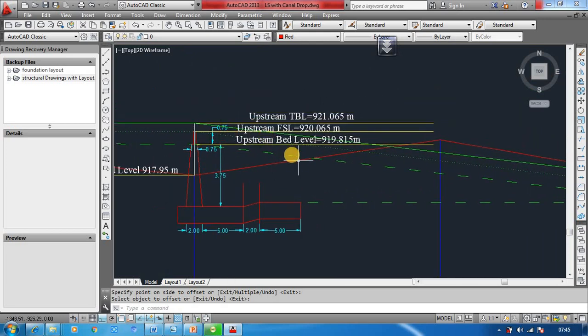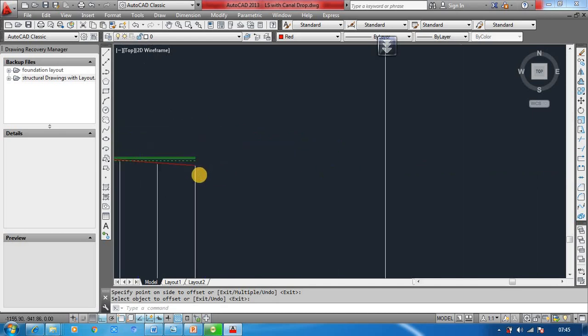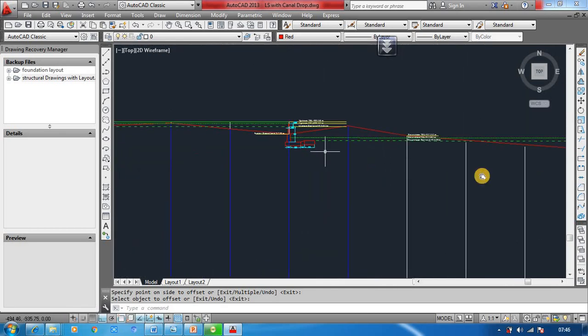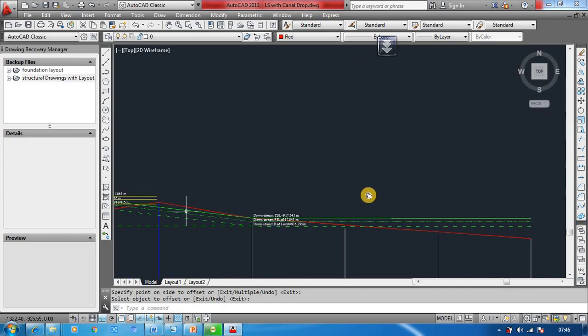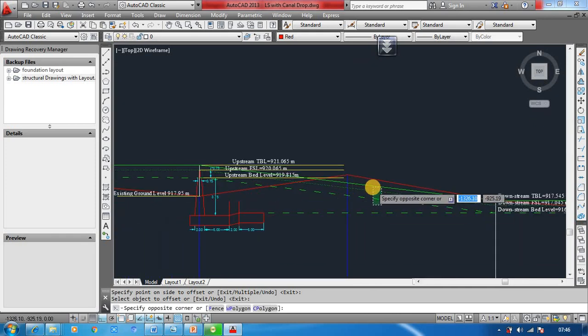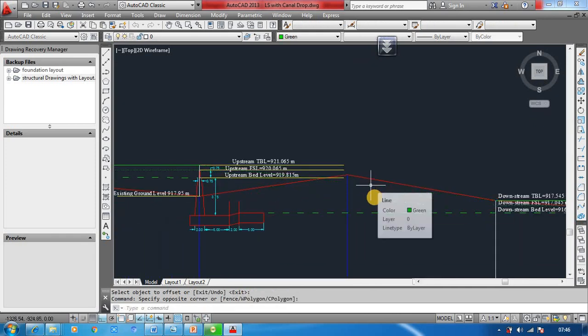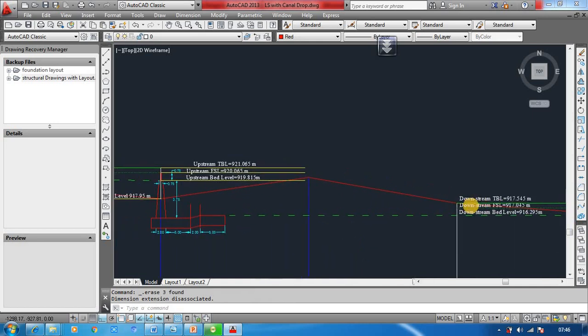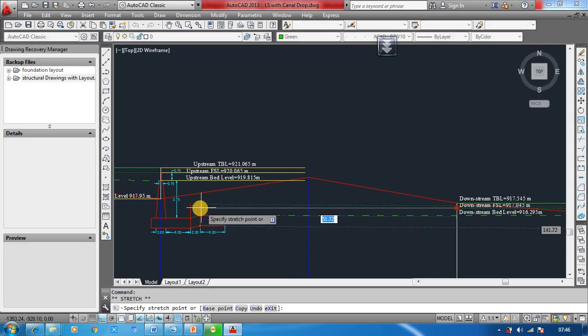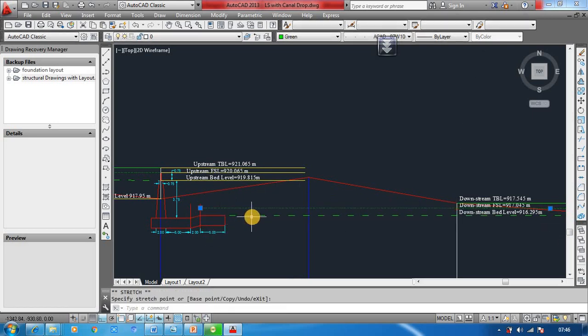And after doing this, you can remove these lines, okay, and extend this water flow level till here. You can extend this till here, EX double enter, you can do it.